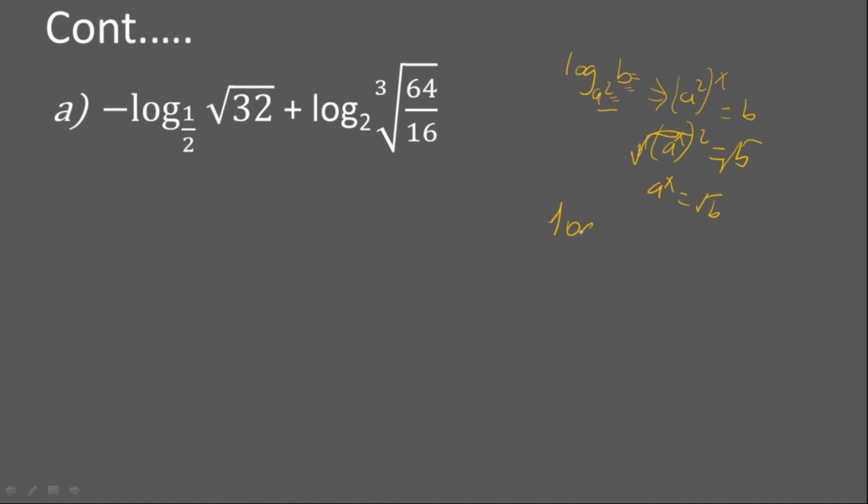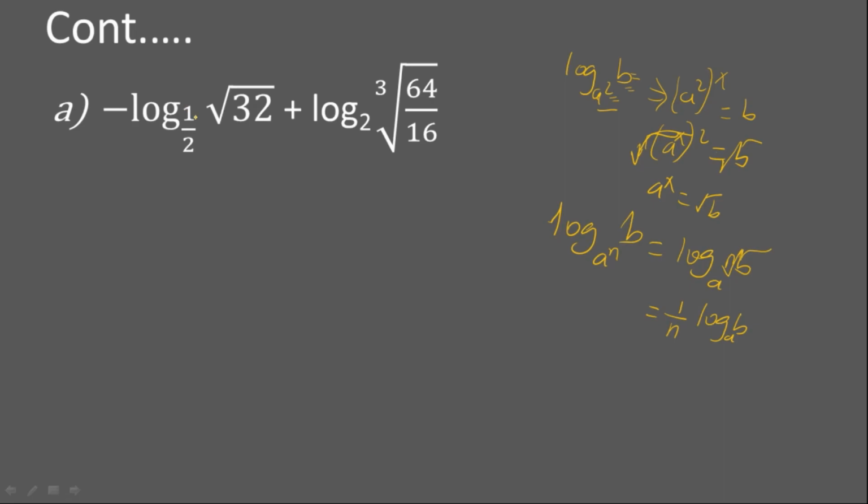In general, the logarithm of b to the base a to the power of n can be written as the logarithm of the nth root of b to the base a, or simply 1 over n times the logarithm of b to the base a. We can bring the exponent of the base to the front by making it its reciprocal.